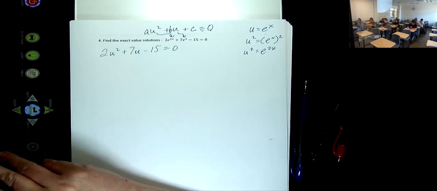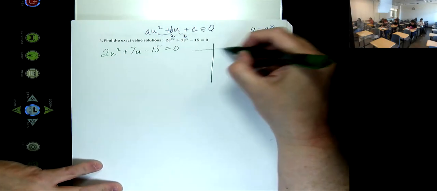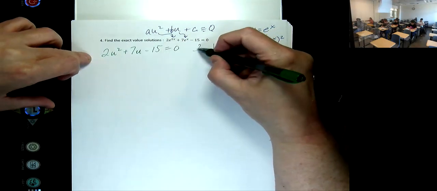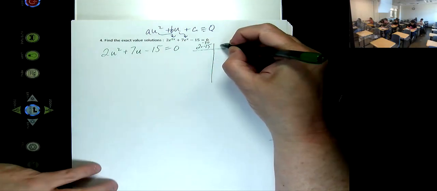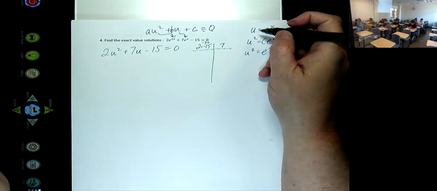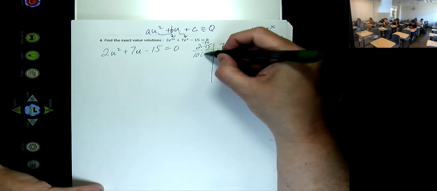You are free to choose however you like. I think quadratic formula takes me the longest to do. If I want to factor it, I need things that multiply to 2 times negative 15, which is negative 30, but add up to 7. If I do 10 and negative 3, I will get that.